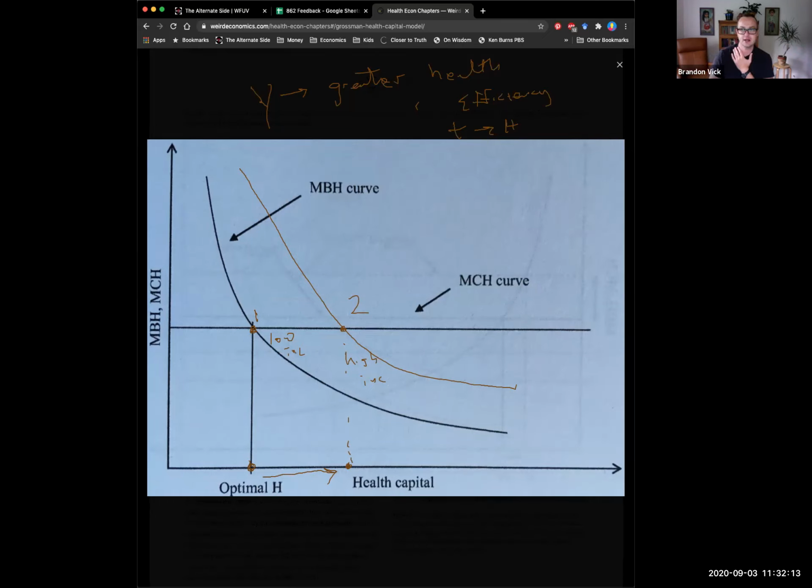Any questions on that? That's how a small shock of income permeates through the model. It's not guaranteed that income leads to greater health because we have preferences. We spend our money in different ways.